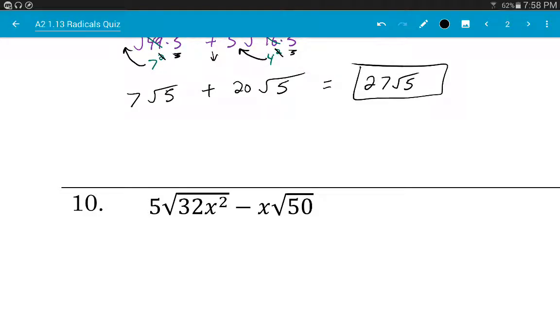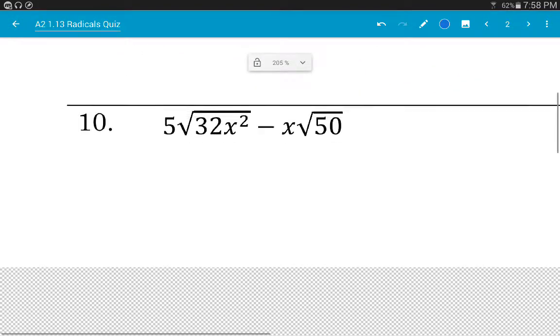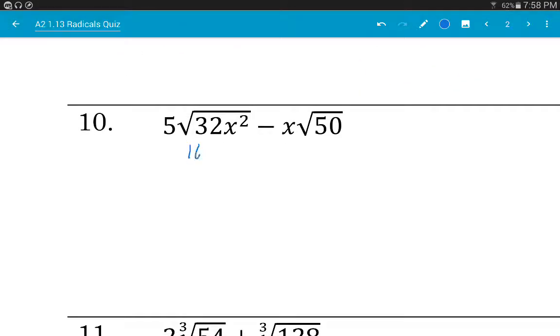For number 10, it's still square roots, so I'm looking for perfect squares that divide in. So 32 is going to become 16 times 2, and the x squared is still there too, underneath the square root, with the 5 in front, minus x, and underneath the square root here, the 50 is going to become 25 times 2. 16 is 4 squared. 25 is 5 squared, and anything with a square gets to come out, so the 4 and the x.